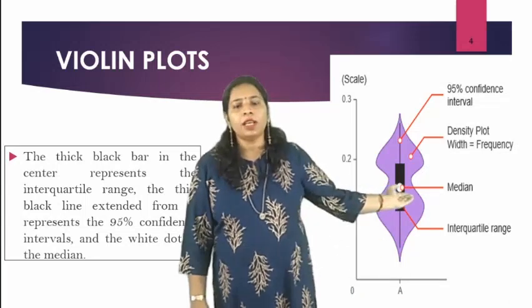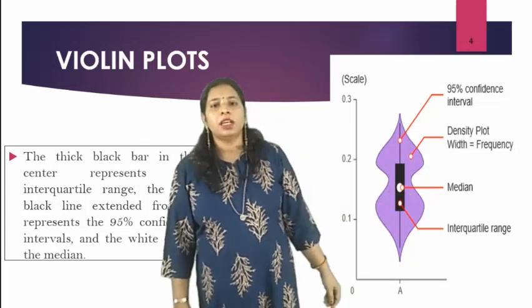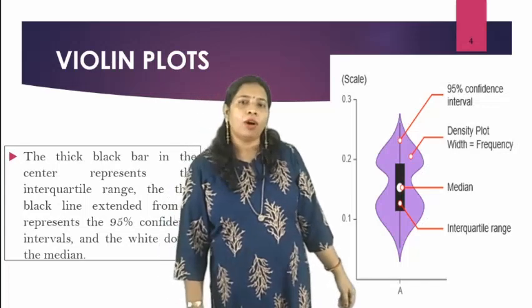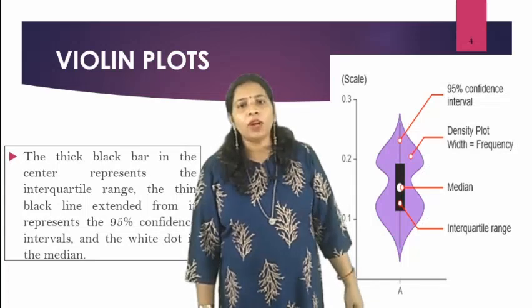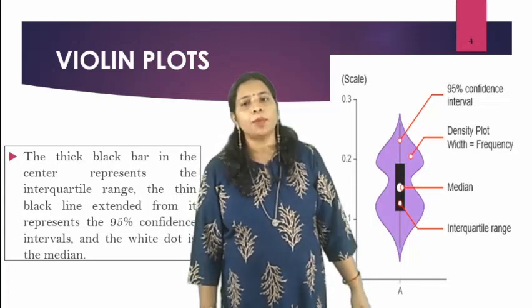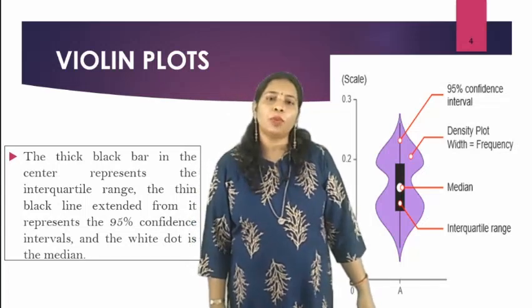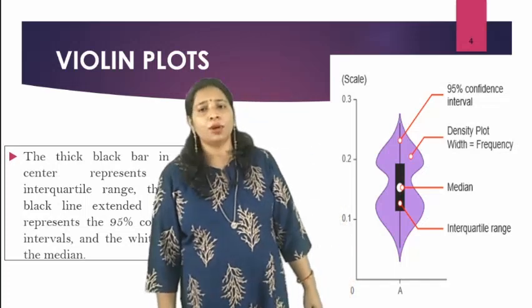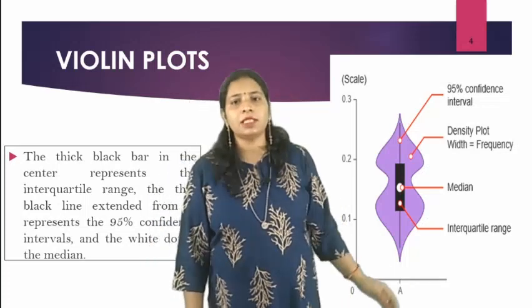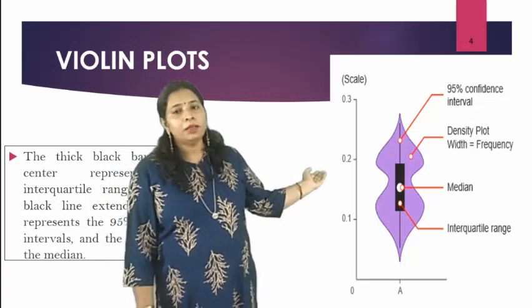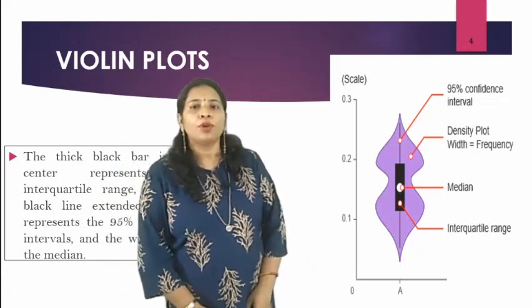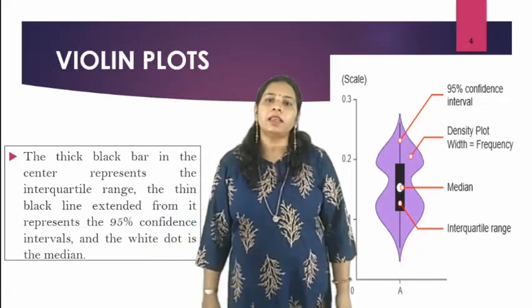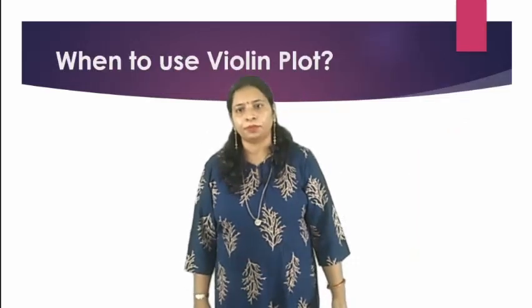The white circle here represents the median of your data set. And this violin shape represents the density plot, or the frequency, of your data set. So you can easily see with this diagram that inside the violin plot there is a box plot. So we can say it is an extended version of the box plot.